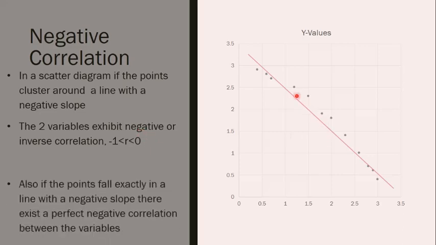And again, if the points fall exactly on this pink line, like we discussed in the positive correlation scatter plot, then it is said that x and y are perfectly negatively correlated. So you will have to add this phrase: perfect negative correlation exists between the two variables x and y.